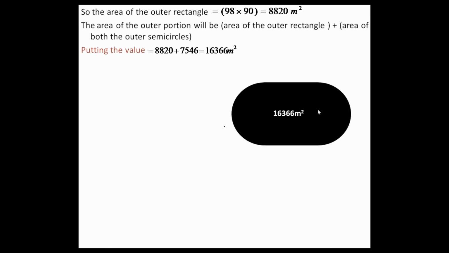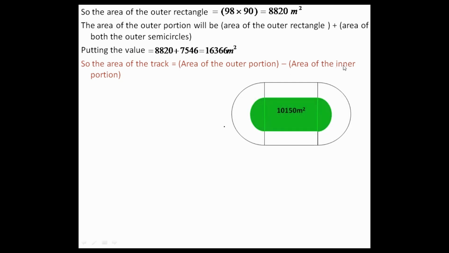Now you must have got a hint of how I am going to carry out the area of the track. I will carry out the area of the track by this formula: area of outer portion, which is 16,366 meter square, minus area of inner portion, which is 10,150 meter square.